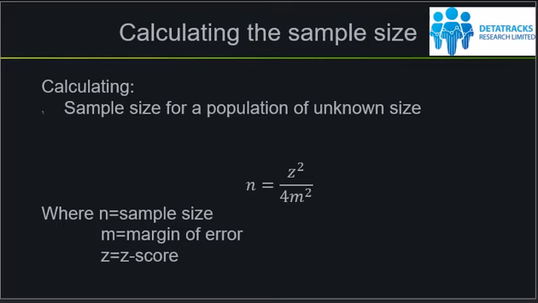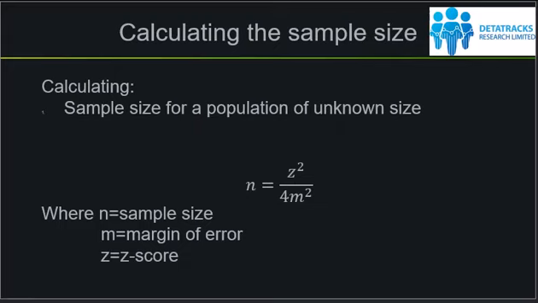The sample size formula, when you don't know the size of your large population, is n = z squared divided by 4m squared, whereby n is the sample size, z is the z-score, and m is the margin of error. This is for the population size that is not known.